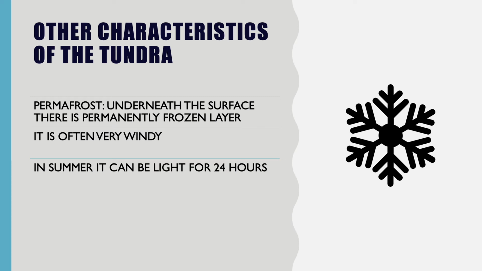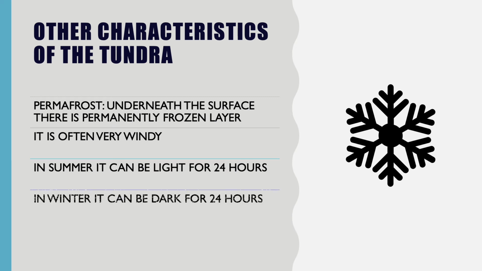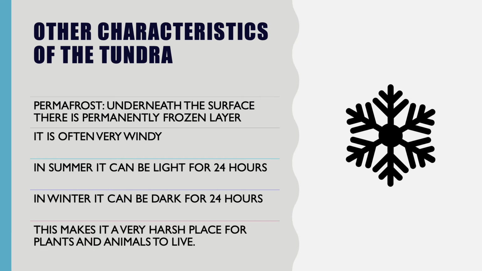In summer it can be light for 24 hours a day, and on the other side of that, in the winter it can be dark for 24 hours or more. This means it's a really harsh place for plants and animals to survive.